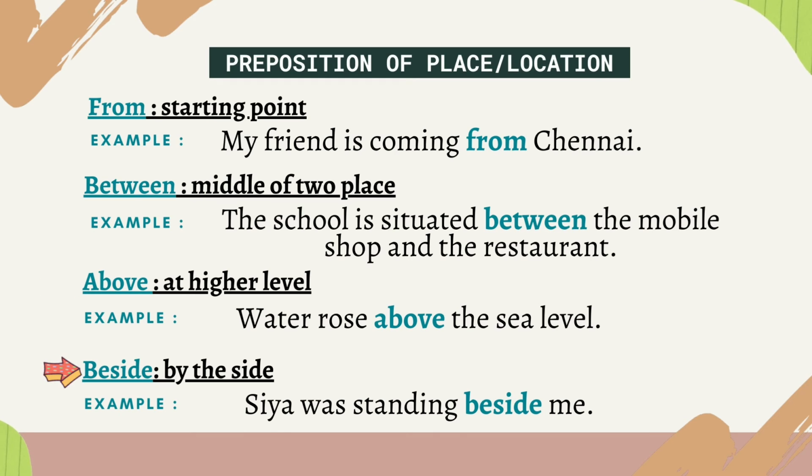Next comes beside. Beside indicates by the side. The example says, Sia was standing beside me. That means by the side of me.